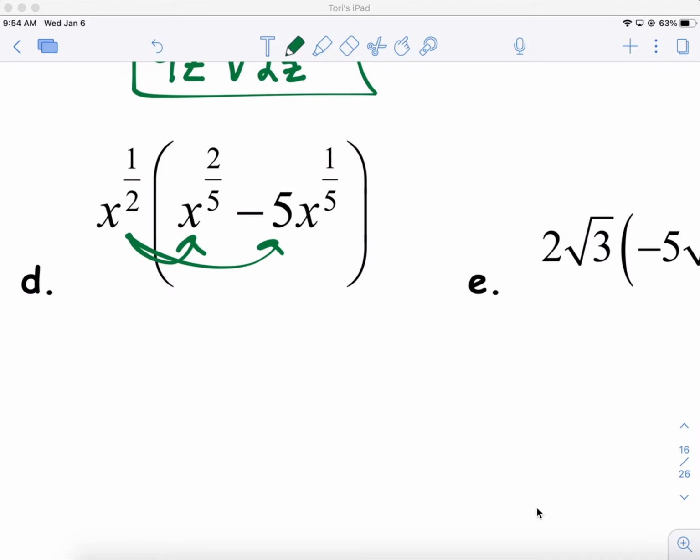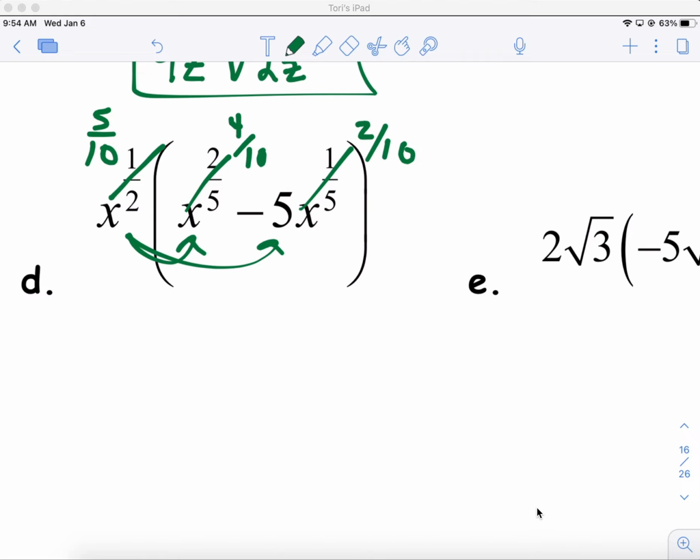2 and 5 have a common denominator of 10. So I would erase and make that a 5 out of 10. 2/5 would be 4 out of 10. 1/5 would be 2 out of 10. If you rewrite them all from the start, it makes your life a little easier, okay?